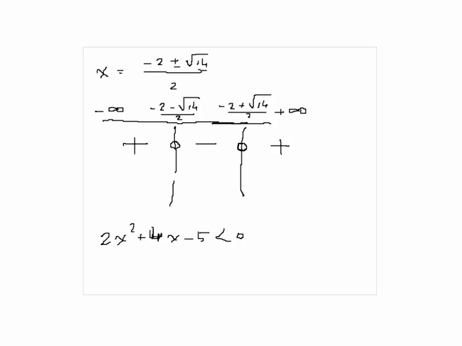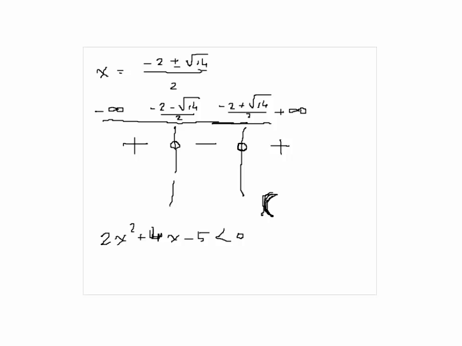So if I want to show it in interval notation, I use that bracket. I'm sorry, because it's not equal to 0, I have to use the sign which looks like a parenthesis.